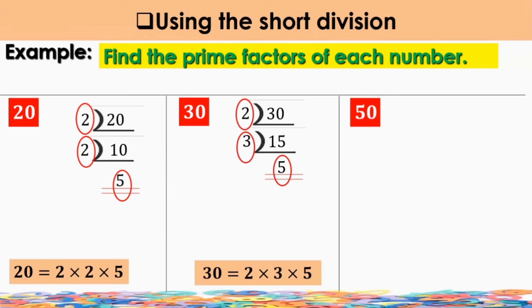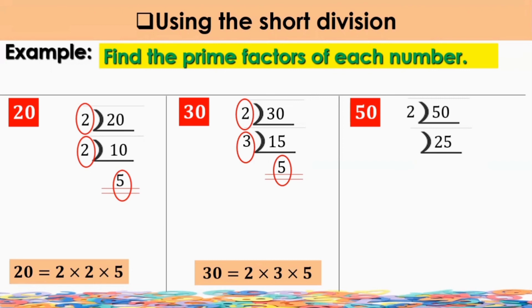Last one, we have 50. 50 divided by a number, and that number should be the smallest factor of 50 that is a prime number, which when divided from 50 leaves no remainder. What is that number? 2. 50 divided by 2 equals 25. 25 is a composite number, so let's continue the process.